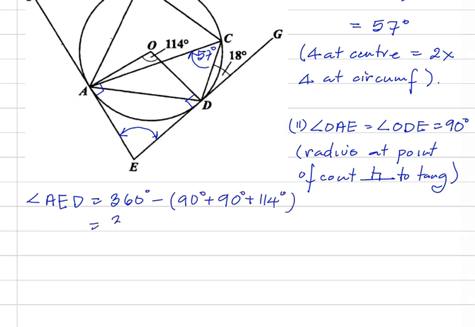This is 360 minus 294 degrees. This angle here is 66 degrees. And that is coming from the fact that OAED is a quadrilateral, and the angles in a quadrilateral add up to 360 degrees.